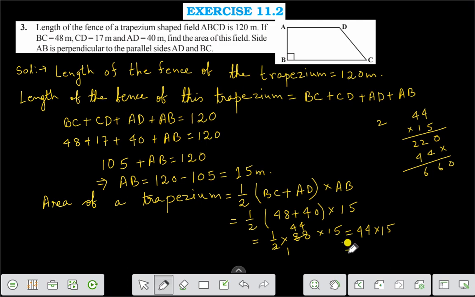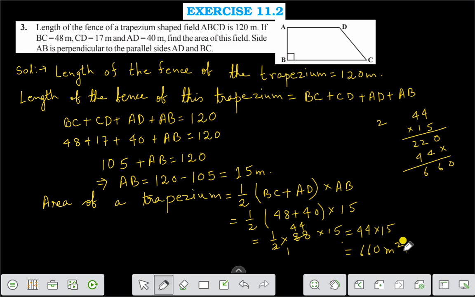Therefore, if we multiply it, we are getting 660. The unit is meter square. This is the area of the required field.